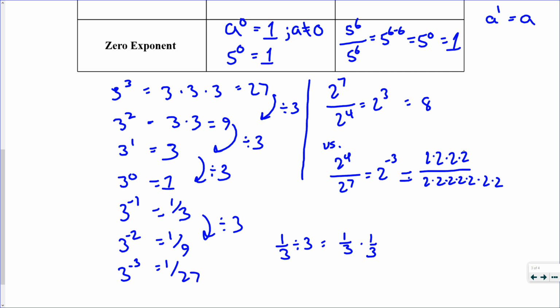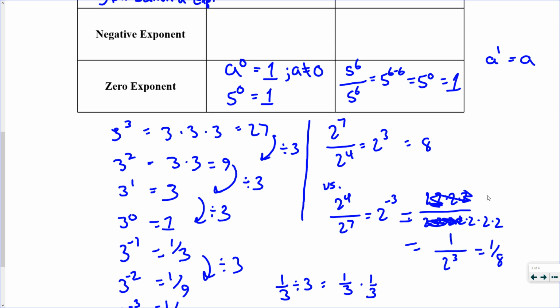These 2's would cross out with these 2's, but look at where the remaining 2's are. We still get 2 to the 3rd power, but it's in the denominator. We get 1 over 2 to the 3rd, or 1/8. So it certainly sounds like this is a pattern that would hold.